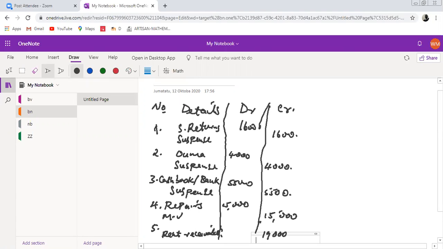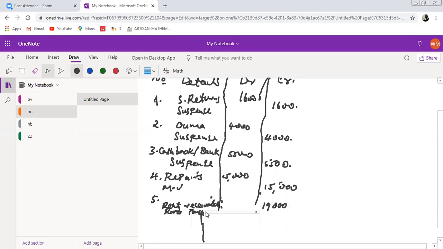Then rent payable was debited by mistake by 91,000. Because it was debited by mistake, we should come here. This is rent payable, which is an expense, sorry. Rent payable, which is an expense, is supposed to be credited by 91,000. The reason we are crediting by 91,000 is because it was debited by mistake.